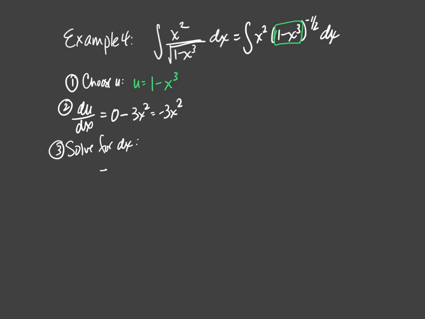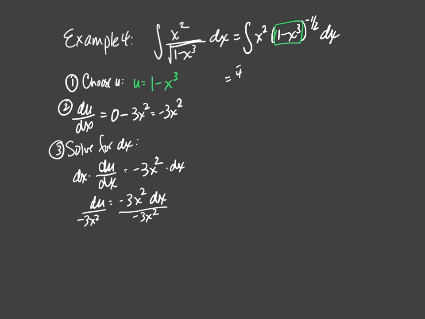So I have du over dx is equal to negative 3x squared. So multiply both sides by dx. And then finally, to get dx by itself, we're going to divide both sides by negative 3x squared.